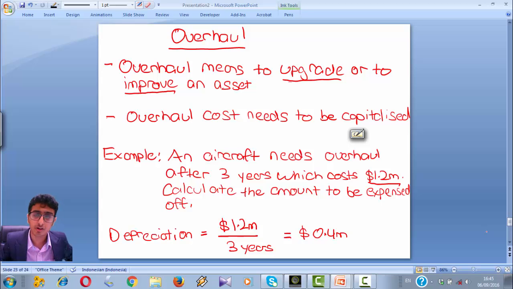So $0.4 million or $400,000 per year will be added to our depreciation charge.